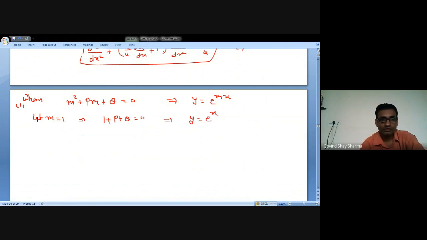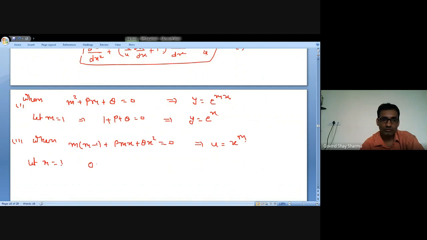Second, when m(m minus 1) plus pmx plus qx^2 is equal to 0, then y equals x to the power m is a solution. Let us put m is equal to 1.